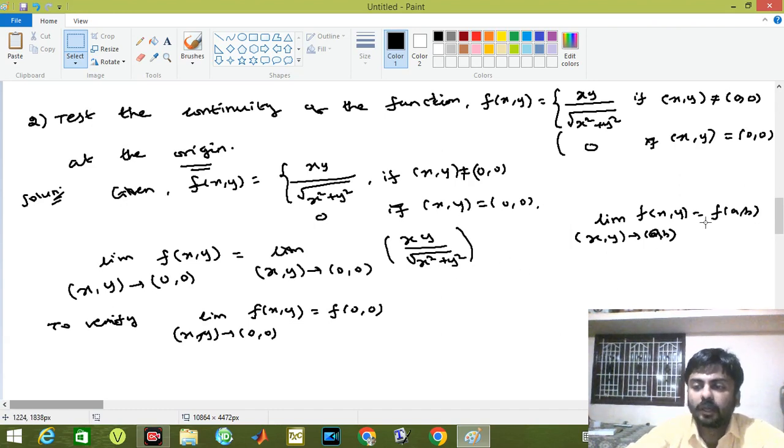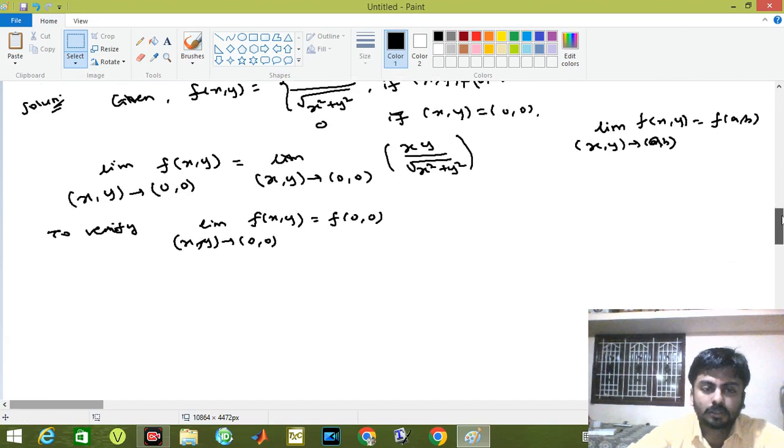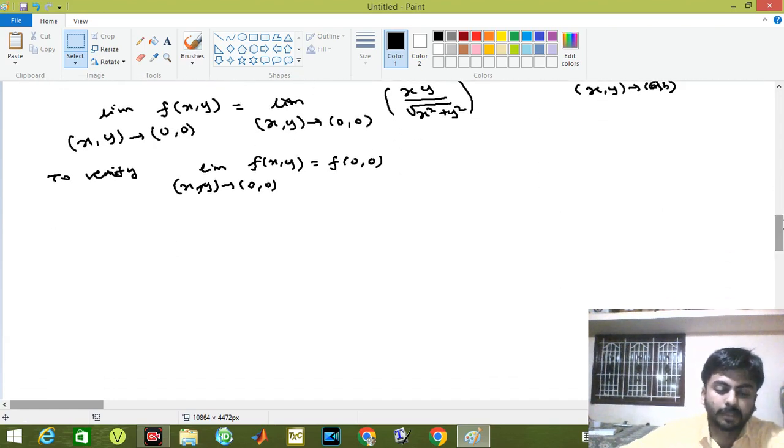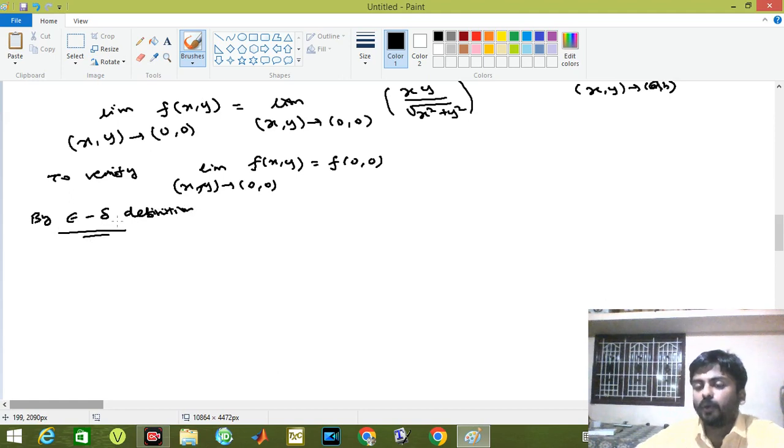Now coming to the next step. Our next step is we want to verify this. How to verify this is very important. In limits and continuity I have already told you epsilon and delta. So by the epsilon and delta definition, we are going to prove this.